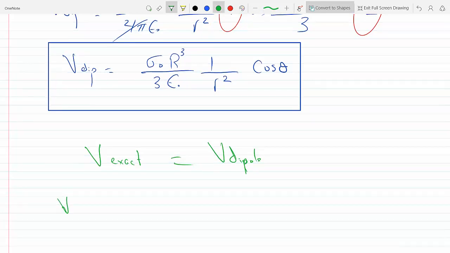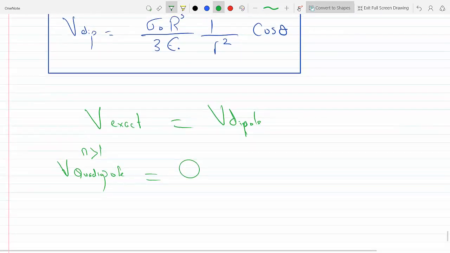We know V monopole goes to 0 because we did it, but that means V quadrupole and anything above it, octupole and so on, anywhere n is greater than 1, all have to go to 0.